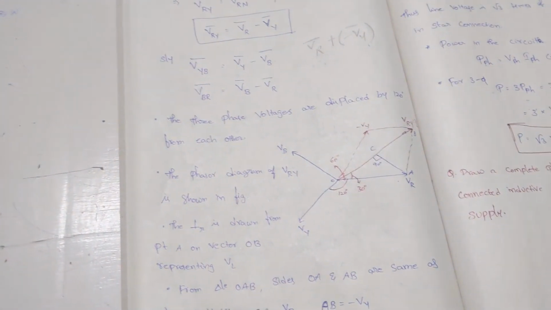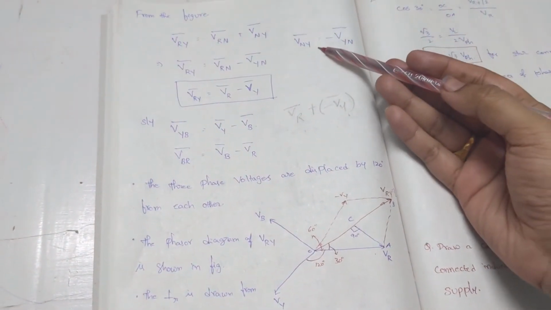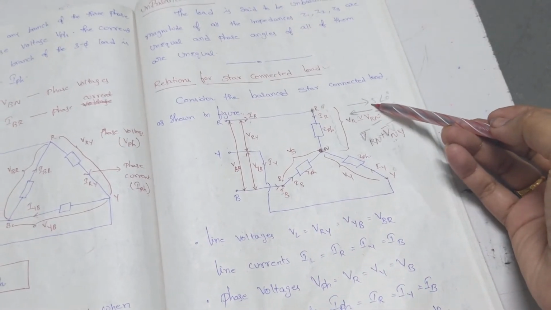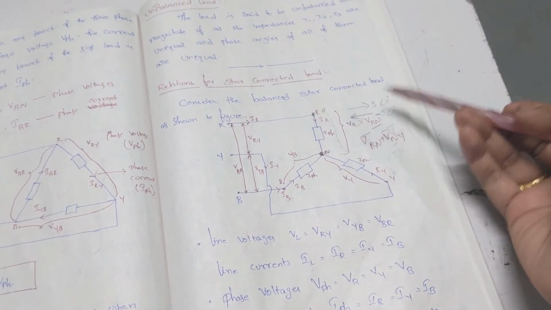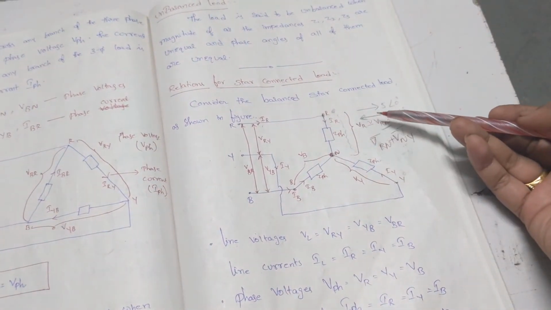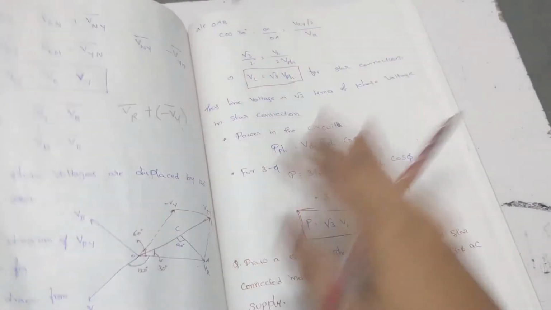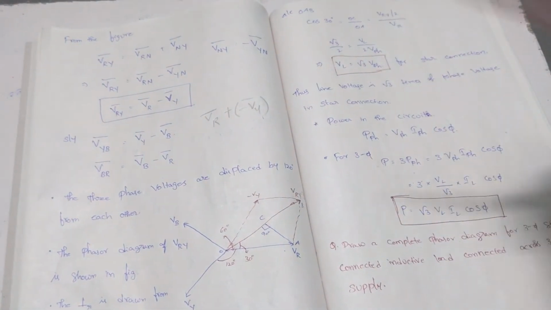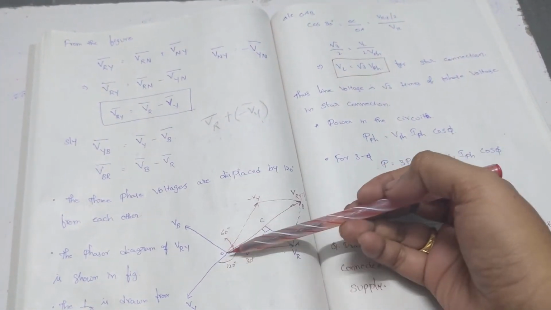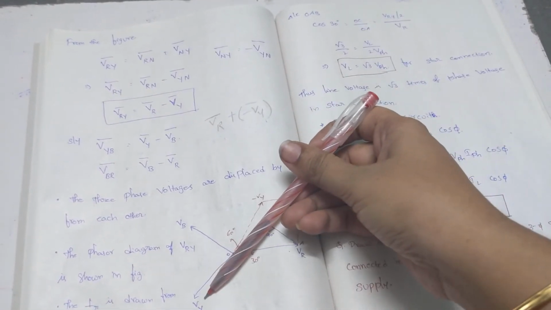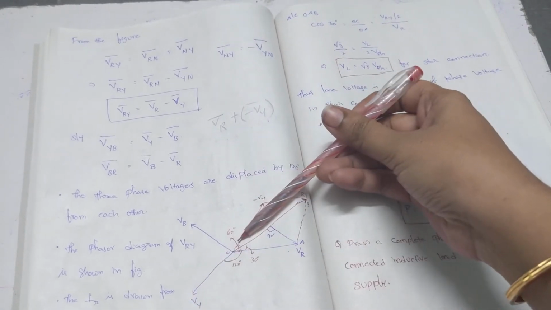To consider the negative of VY, as I said previously, we need to consider the direction as opposite. Similarly, if this is 5 angle 0 degrees and I require minus 5, I just change the direction. Same thing here: I have VY, I need minus VY, so I change the direction. Kindly consider these two are in a straight line, making an angle of 180 degrees.